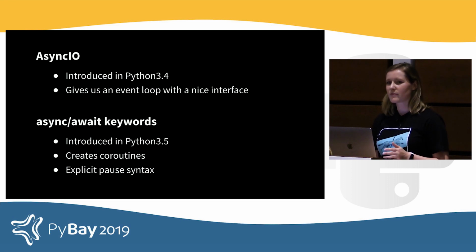This separation drives home the distinction behind the two components of single-threaded cooperative concurrency, which are the event loop and the cooperative functions. Let's look at our restaurant example, but this time implemented with Async IO and these keywords.